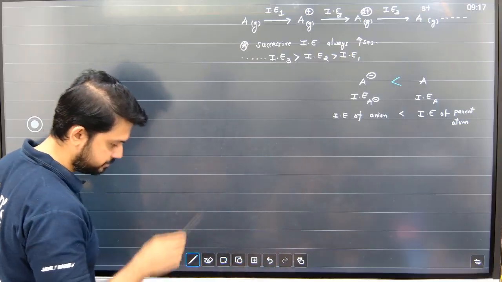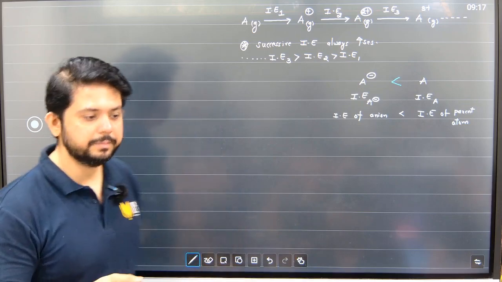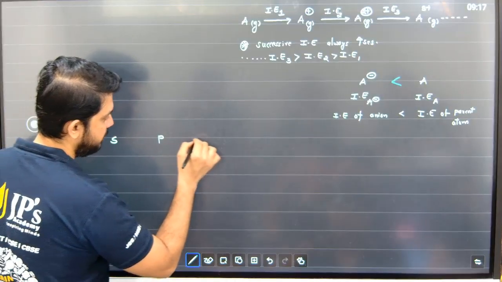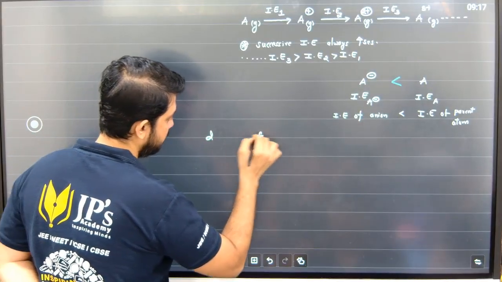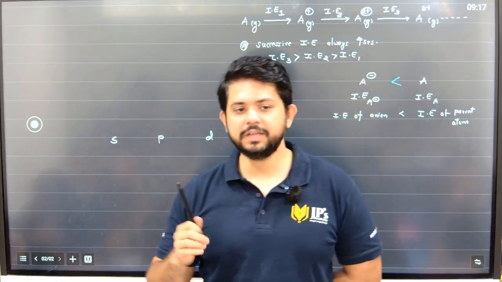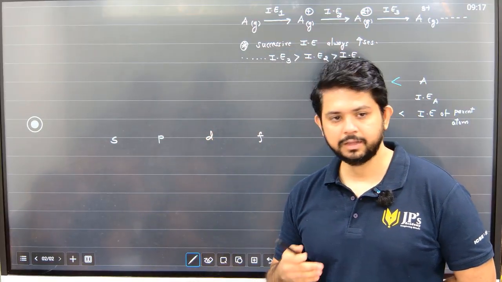Next, I want to compare ionization enthalpy between the different subshells S, P, D, and F. Who do you think will have the highest ionization enthalpy? Followed by?